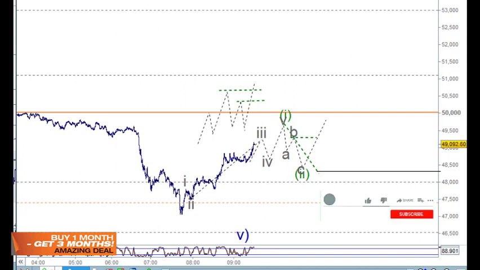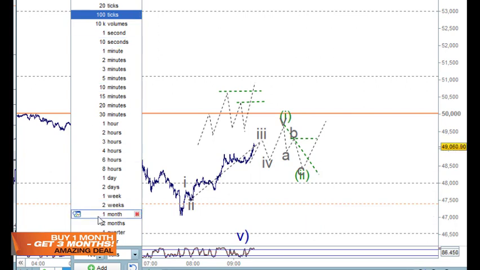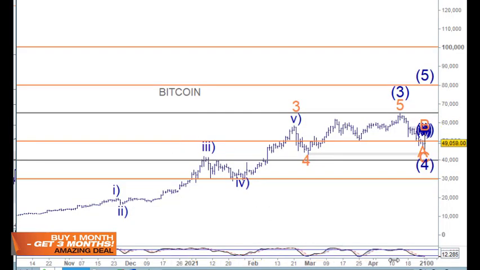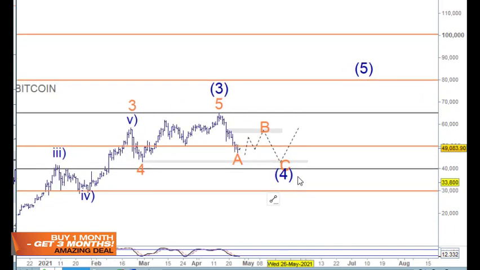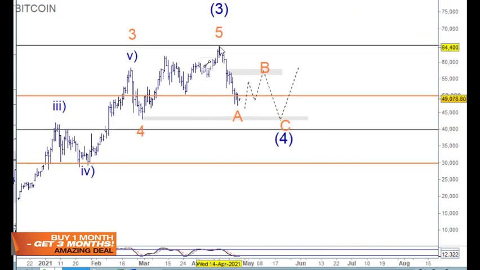I think it is just the A wave coming down here, because I've seen other cryptos that appear to have an impulse wave down through here.